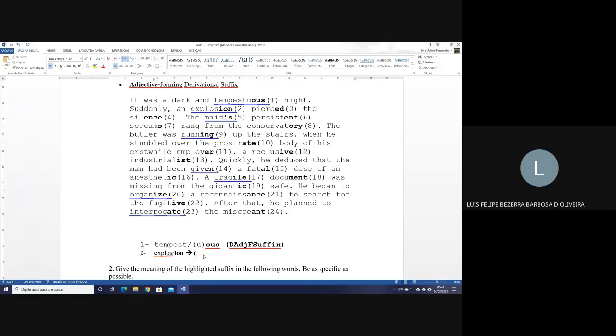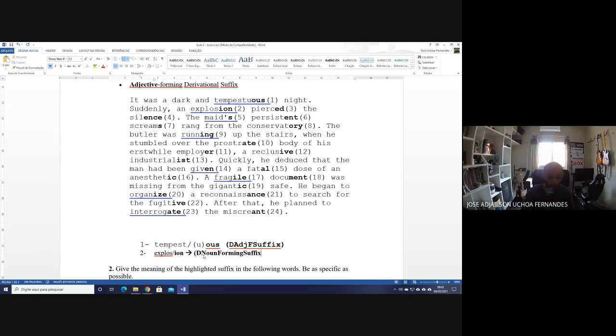A derivational noun-forming suffix. Easy, isn't it? If it forms a noun out of another word class, it's a derivational noun-forming process, suffix.